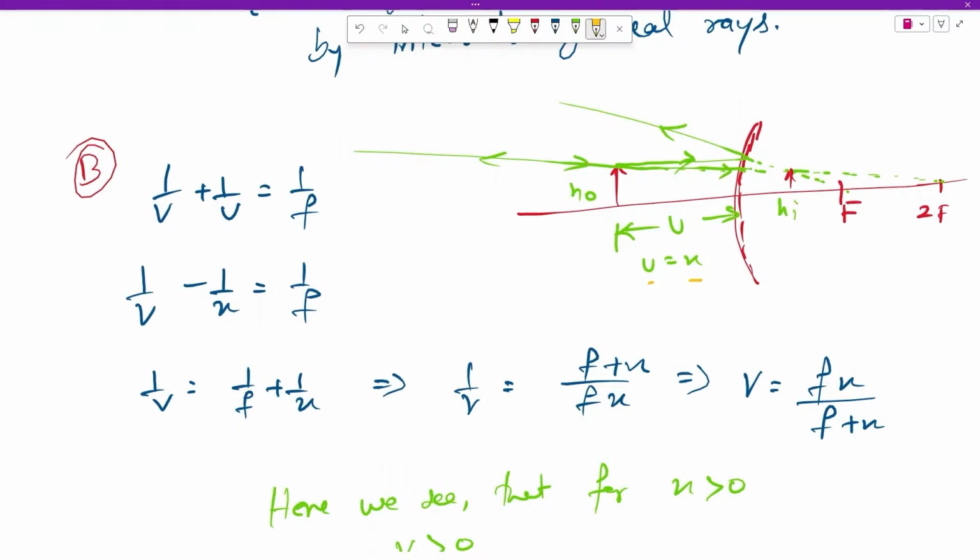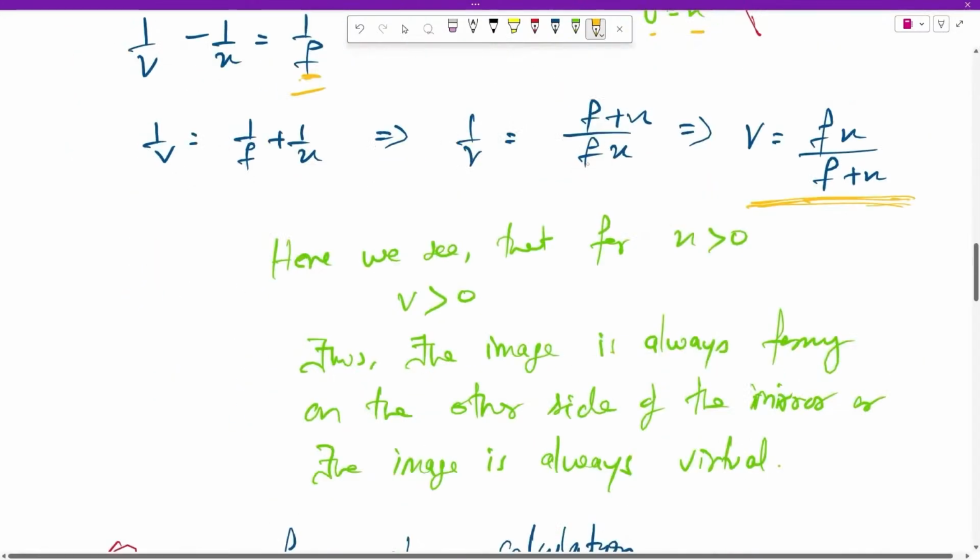Substituting in the mirror equation, we will get 1 by v minus 1 by x equals 1 by f. Here f is positive because it is a convex mirror. And simplifying this, we will get the expression for v, that is fx by f plus x. Here we see that for x equals 0, v is equal to 0.